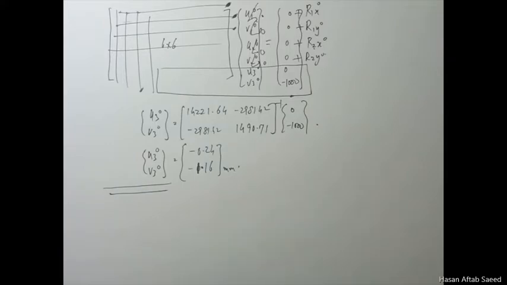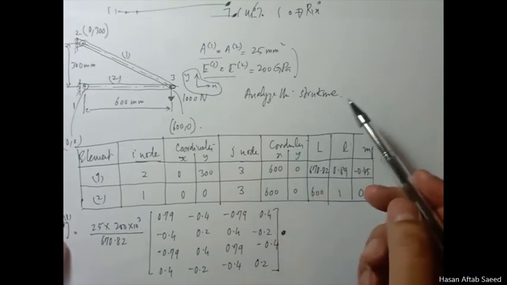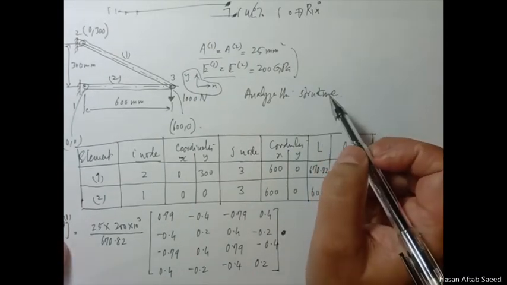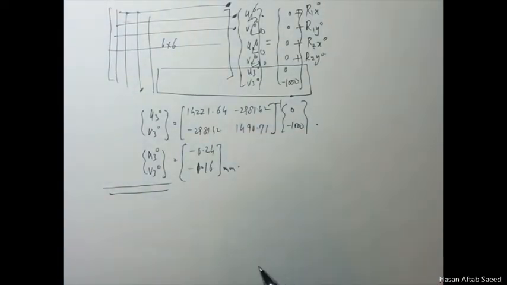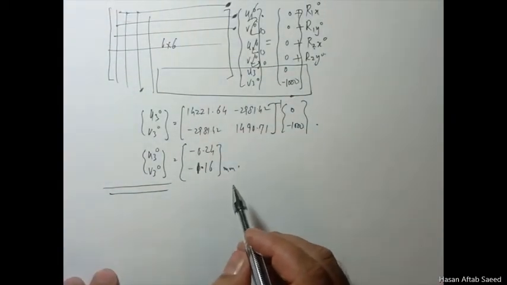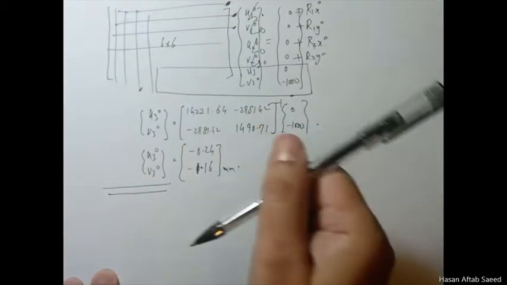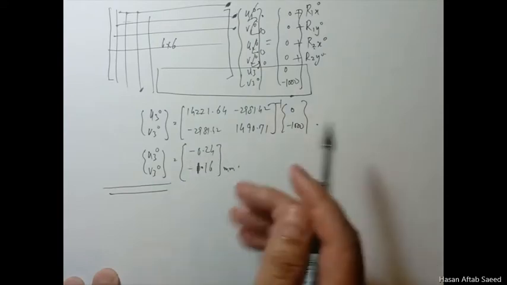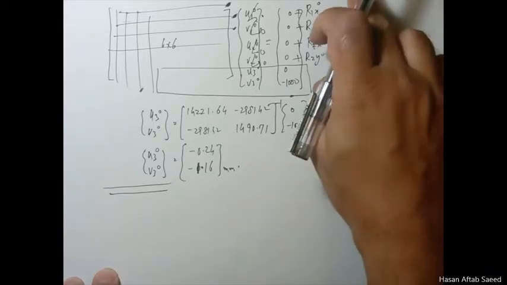Now to calculate strains, because this question asks us to analyze the structure. Whenever a mechanical engineer is asked to analyze something, it means you need to find the strains and finally the stresses. Before going to that point, remember we mentioned that at this stage we have to go back from the global system to the local system, because strains and stresses are local considerations.